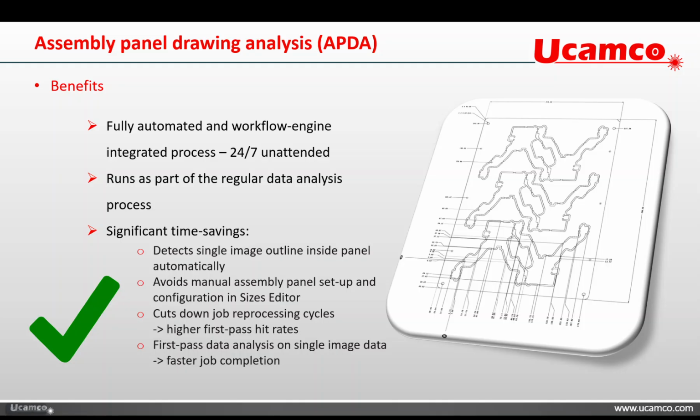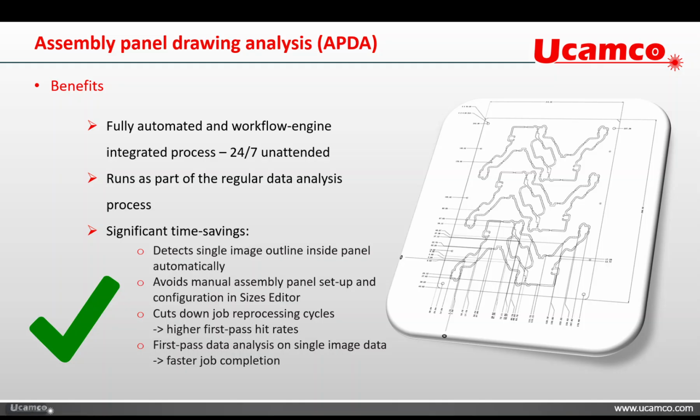I think the most important one is the time that this module is going to allow you to save, because as we said, it detects a single image outline automatically, which in other circumstances would have to be done manually by an operator. So taking the data into an editor, or taking it to UCAM XWE, trying to see where the outline is and then defining the outline from there.